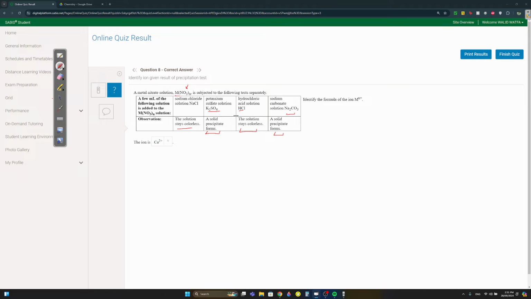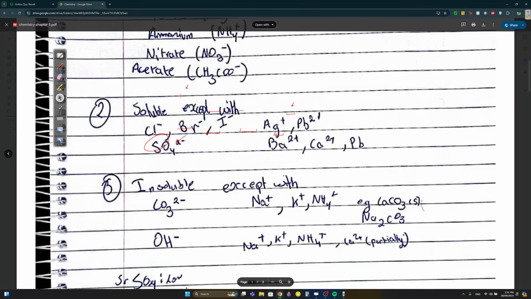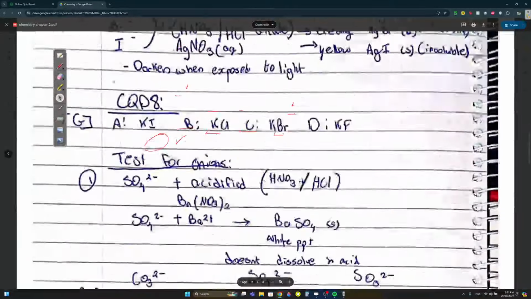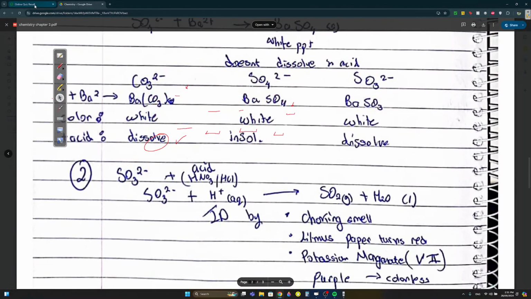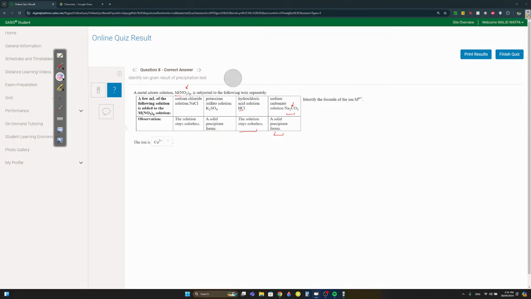For me, what gave it away is the Na2CO3. The only thing that forms something with Na2CO3 is calcium, always. And with SO4, if you add barium or calcium, you get a white precipitate, right?